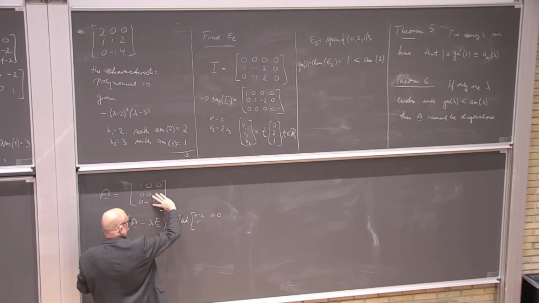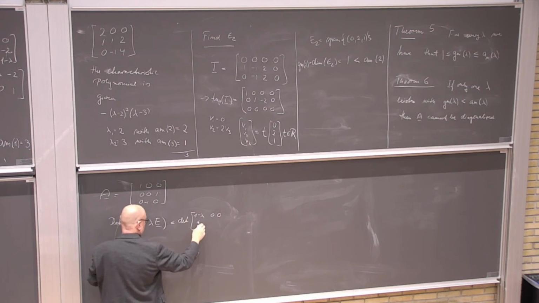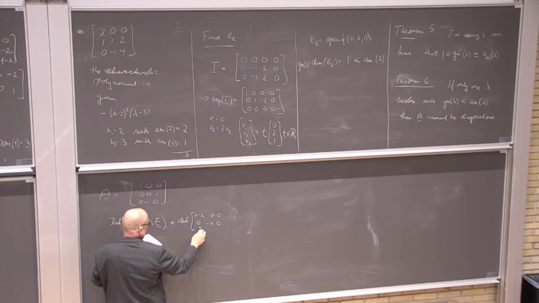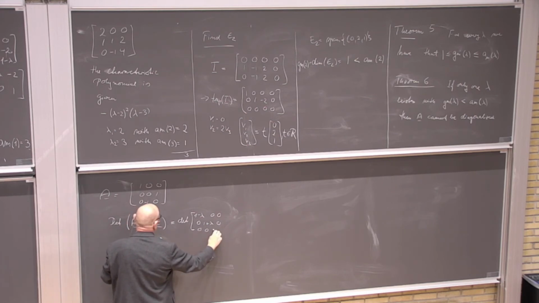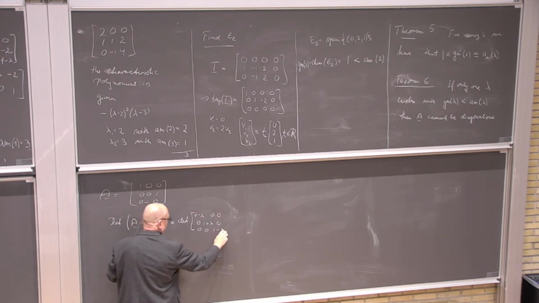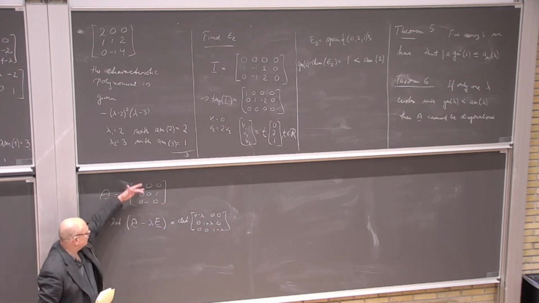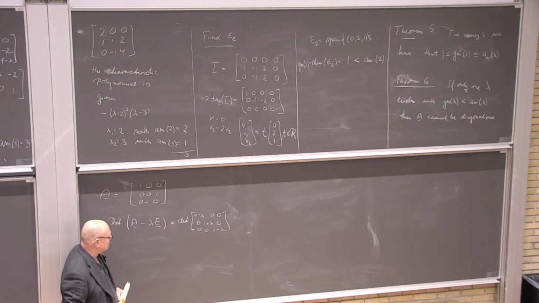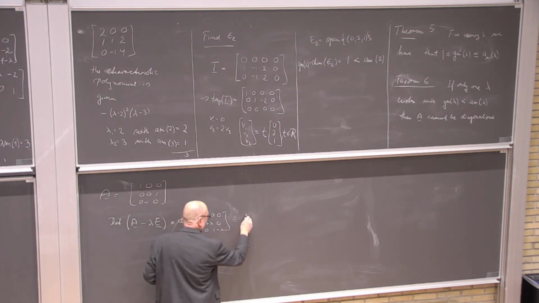And then if I interchange these two rows, I get 0, minus lambda, 0, and then 1 plus lambda, and then 0, 0, 1 minus lambda.